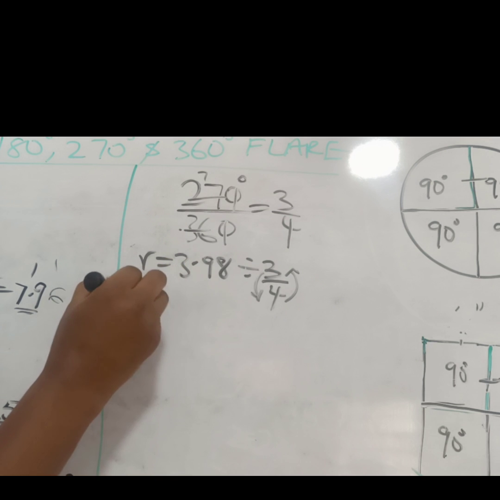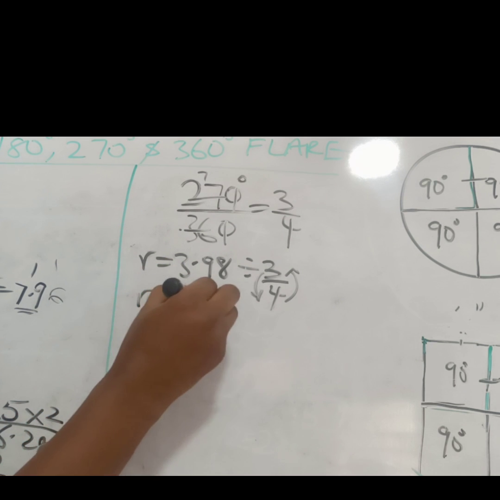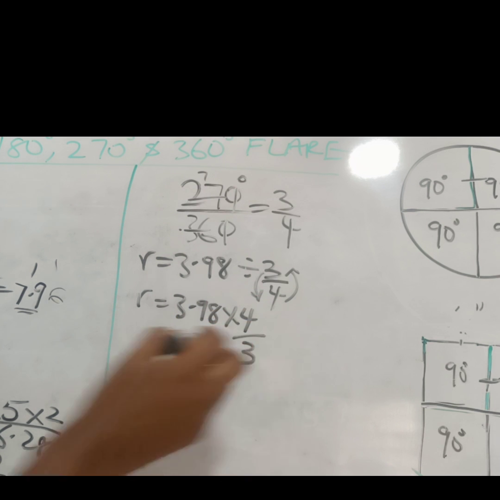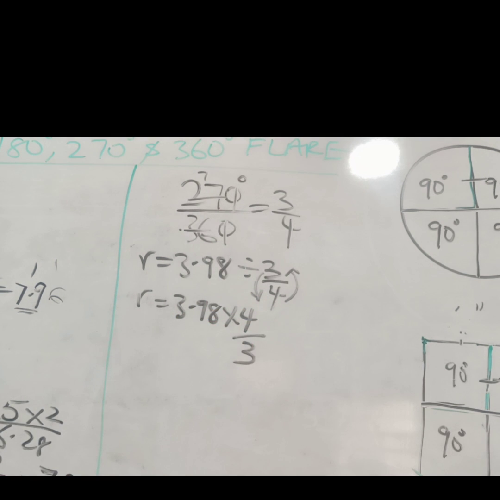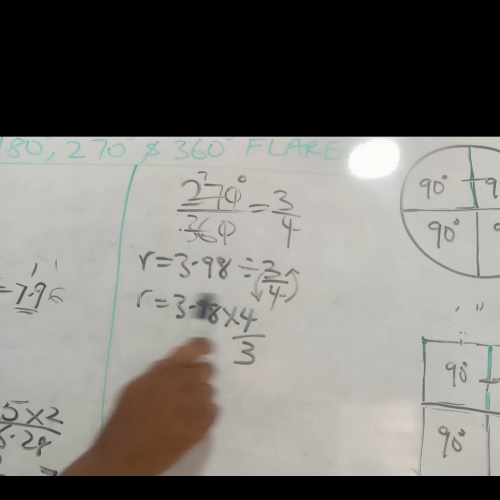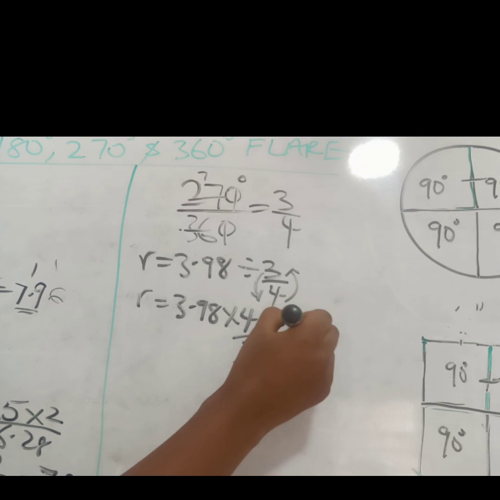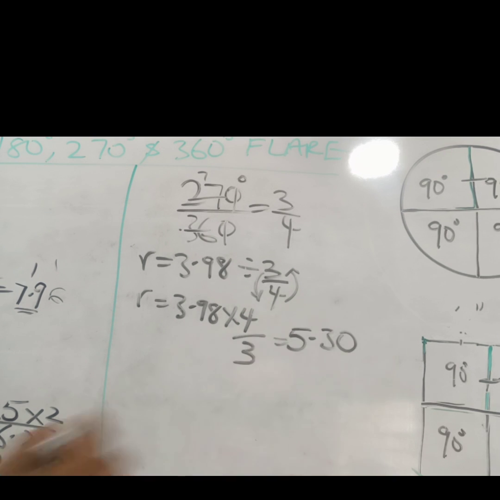So the radius becomes 3.98 times 4 over 3. And by the time we multiply this and divide by 3, you're going to have 5.30.